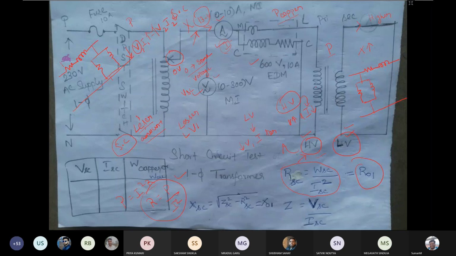So this is R01 and X01. Whatever values we are measuring, all the parameters are here. This includes primary plus secondary resistance, and this also includes primary plus secondary reactance. We cannot find the values individually. Whatever values we are finding based on this short circuit test, we are finding the overall value which includes both primary and secondary. We cannot segregate it.